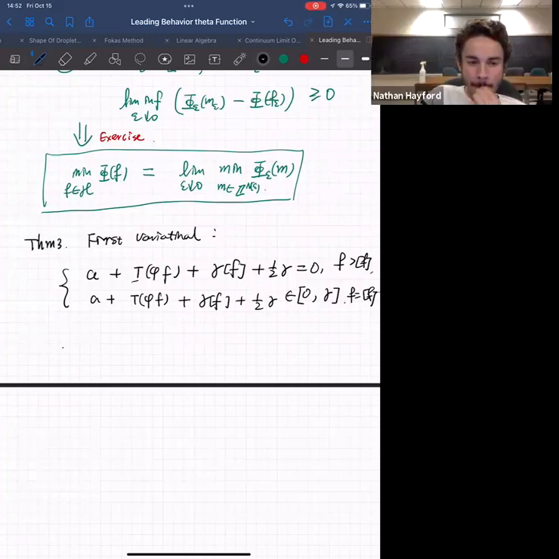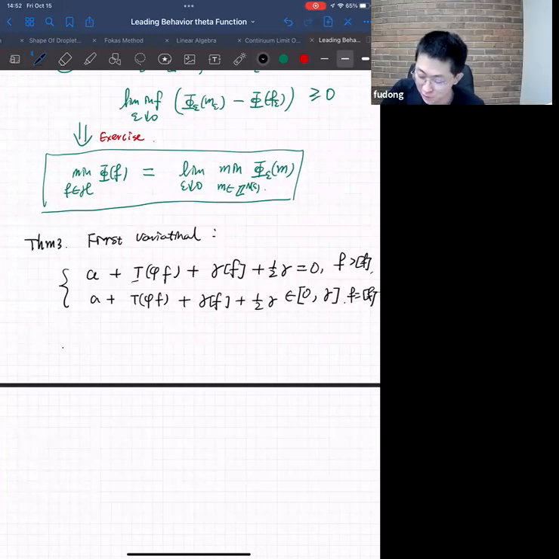So let's compare this with the more familiar integral equation, which connects to the logarithm potential.